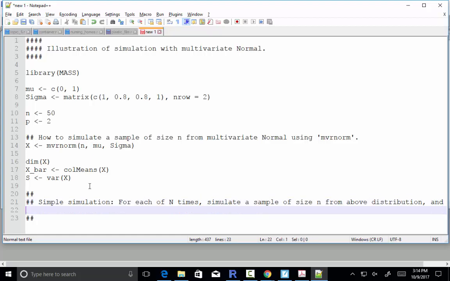And how about we compute a t-squared statistic?